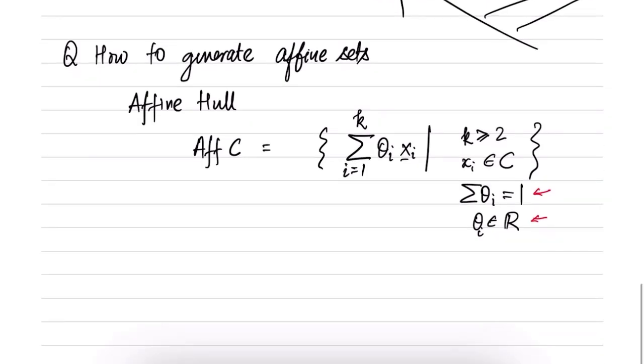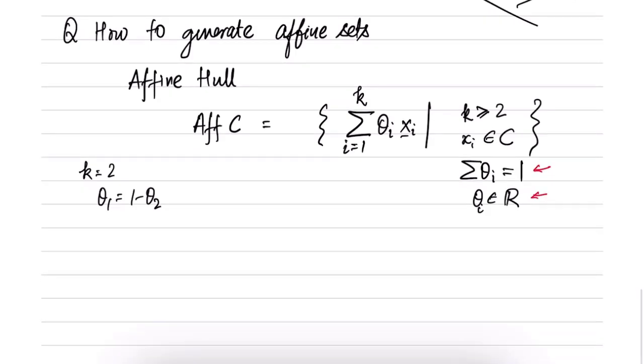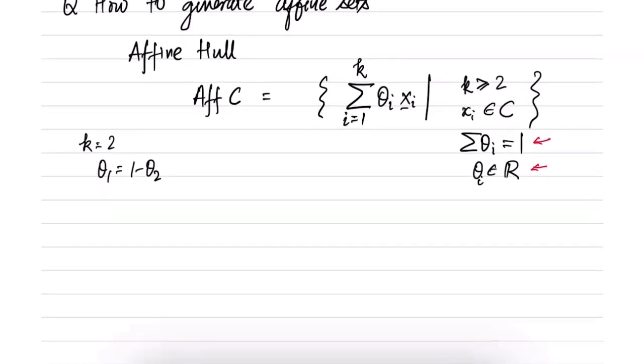In the case of k equal to 2, we have to choose theta 1 equal to 1 minus theta 2, because theta 1 plus theta 2 should add up to 1, right? So perhaps that case would be more familiar. So let's take an example for k equal to 2.